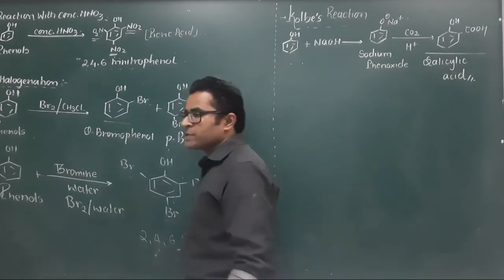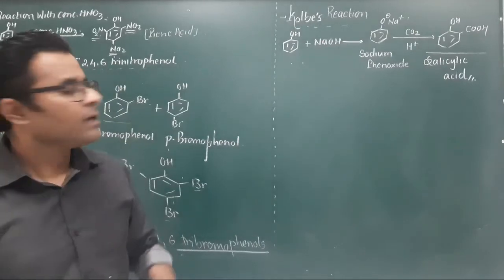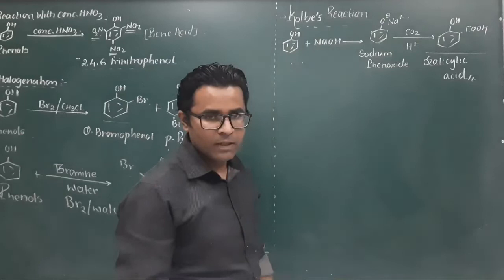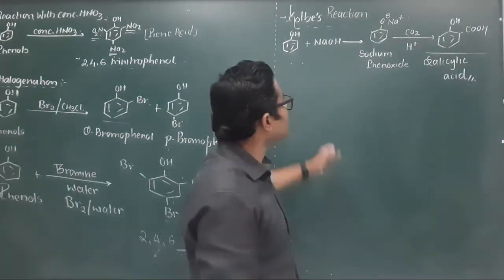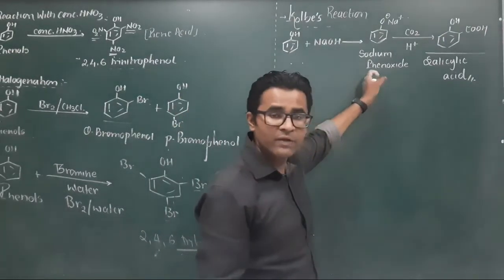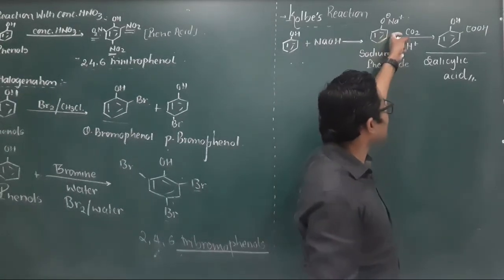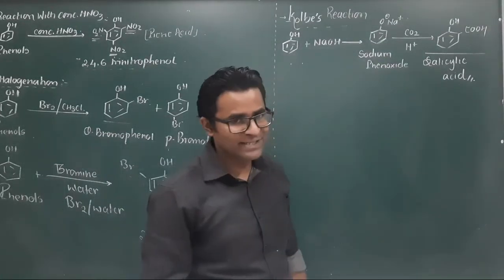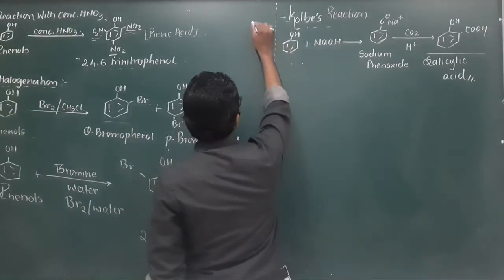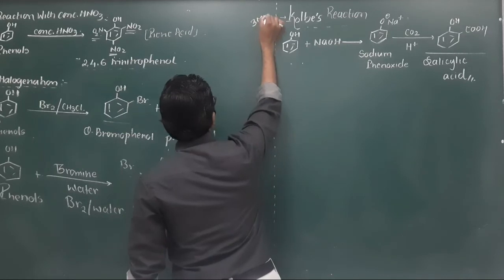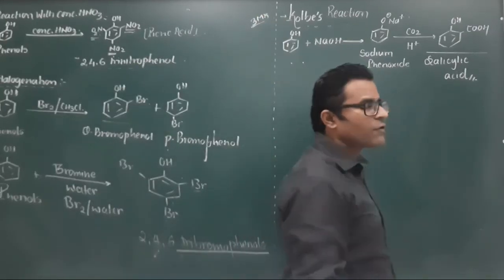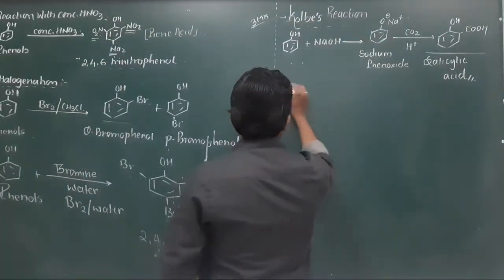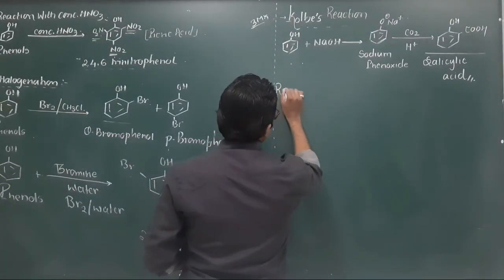So the Kolbe's reaction, one of the most important reactions, is nothing more than the formation of salicylic acid from phenols. Phenols are reacted with sodium hydroxide to yield sodium phenoxide. Sodium phenoxide is reacted with carbon dioxide in the presence of acid to yield salicylic acid. Right? So this is one of the most important reactions you can expect for a 3-mark subdivision, of course, along with the statements.